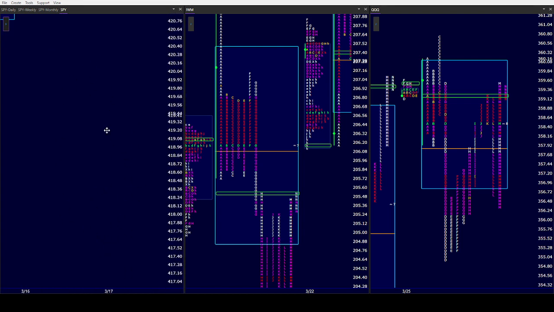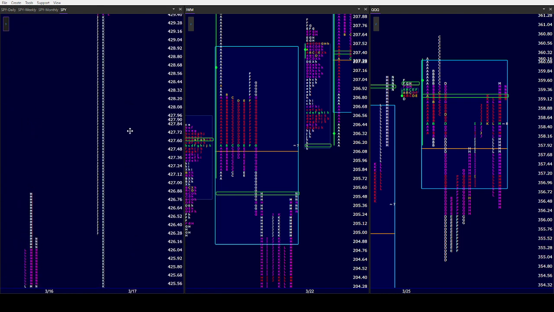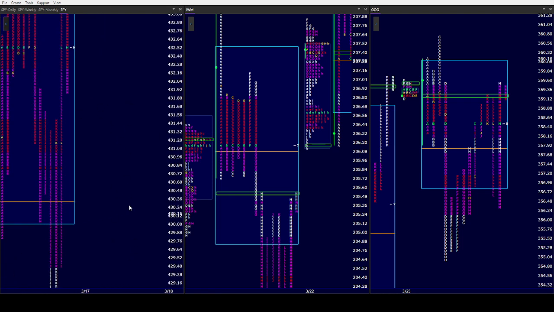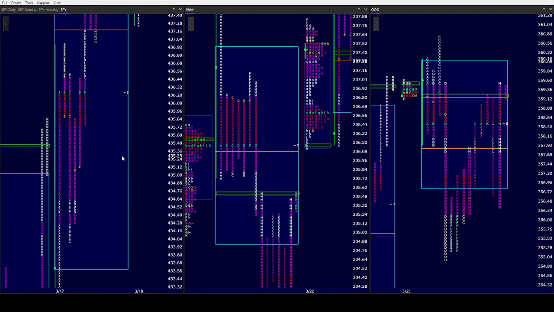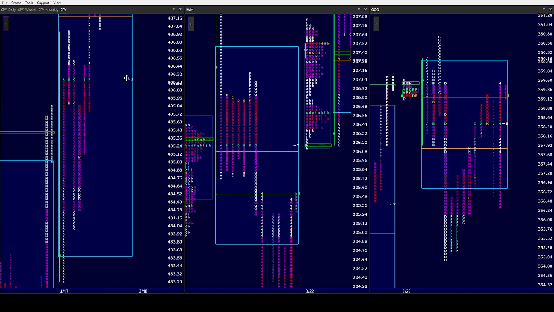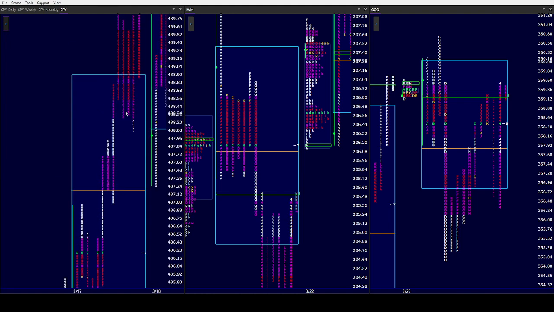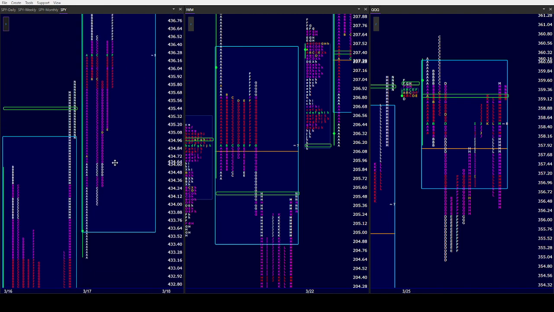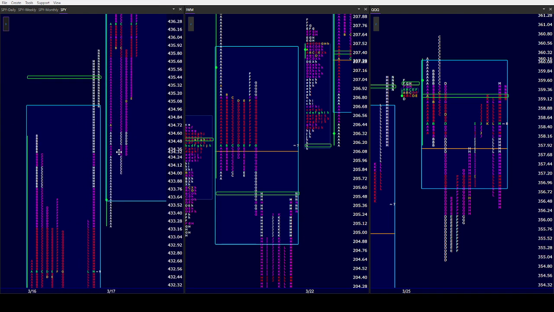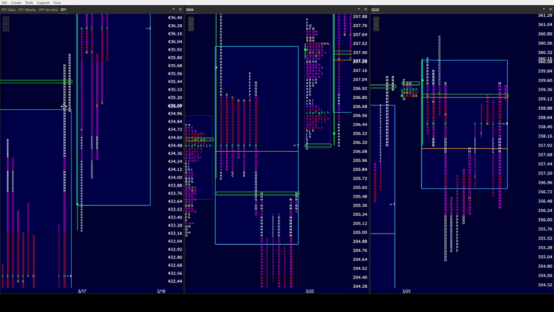If I could find it. Here we go. So the 17th was a trend day up or the price probe. The next day, we went out with a price probe.